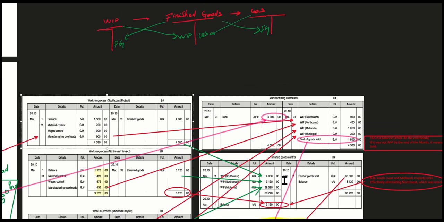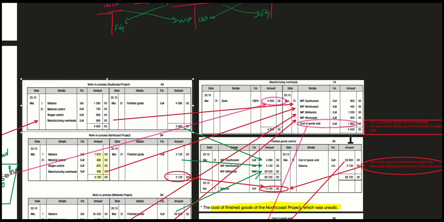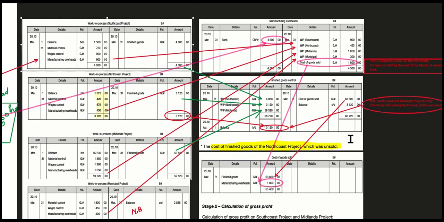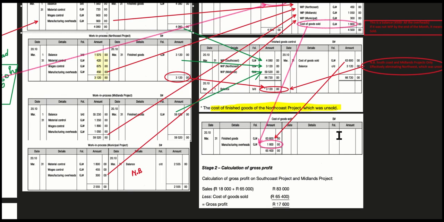But when we're looking at what is in process, we could only account for 4,500 minus all the overhead. If you add up all the overheads together, the difference is 1,800. So we consider that as a cost of goods that was sold, right?